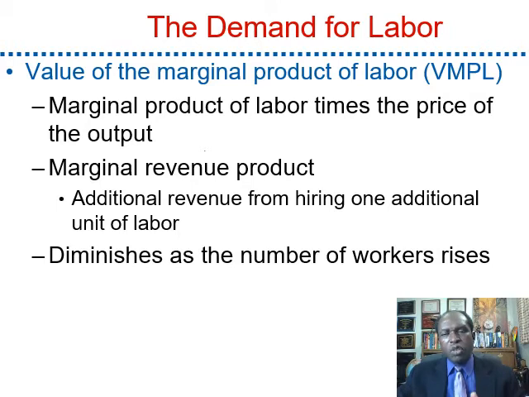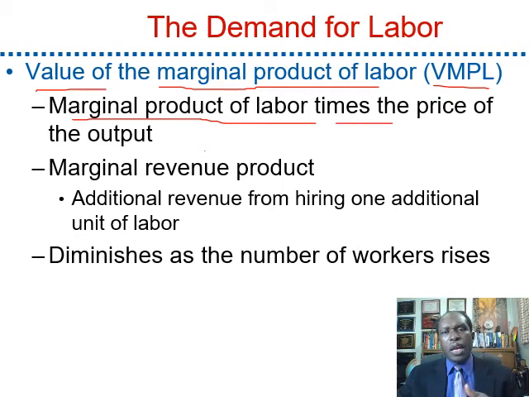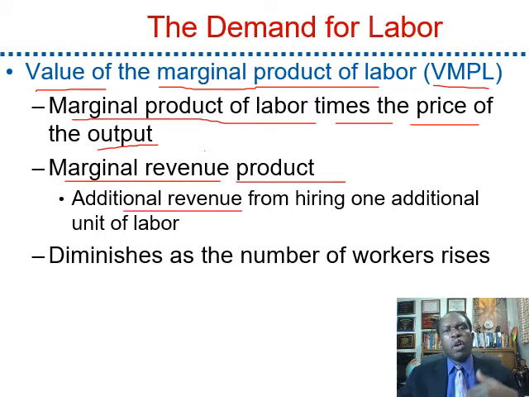So in order to maximize profit, we need to compute the value of the marginal product of labor, the VMPL. The value of marginal product of labor is equal to the marginal product of labor times the price of the output, the market price of Apple, for instance. It is also known as the marginal revenue product, which is the additional revenue from adding one more unit of labor.